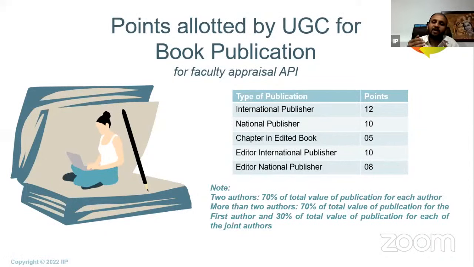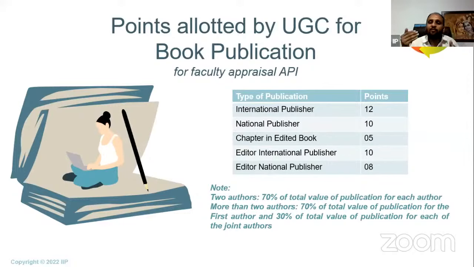If you are an editor of a book published by an international publisher, then 10 points will be allocated. If you are an editor of a book published by a national publisher, then 8 points will be allocated. So if you publish a book with an international publisher like IAP, you will get 12 points, provided you are the sole author.